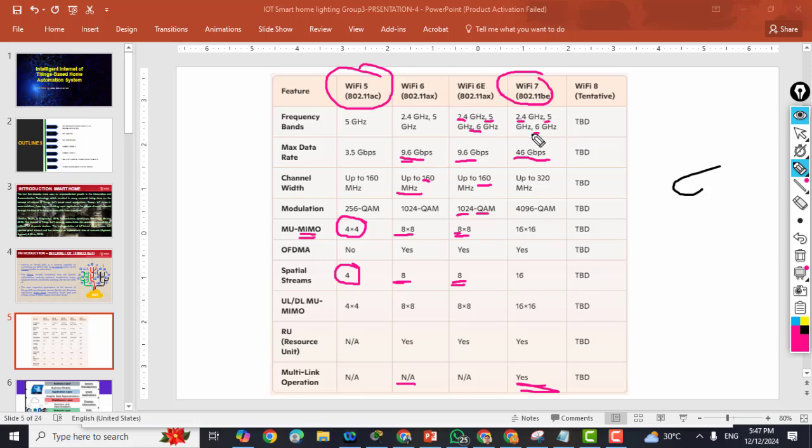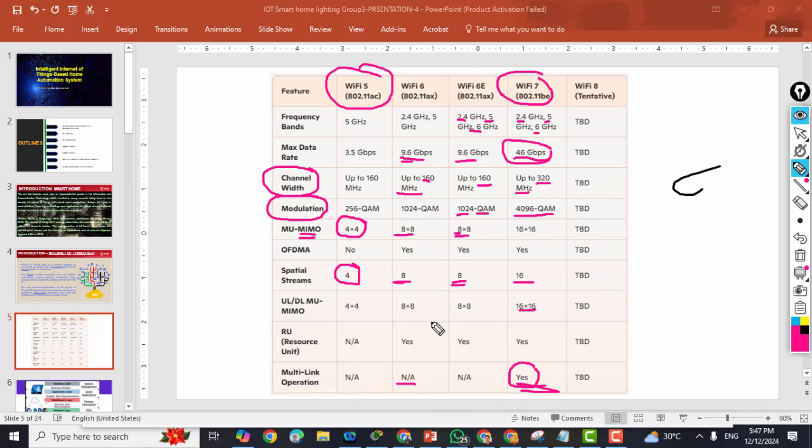The channel width will reach 320 megahertz, and the modulation is QAM 4096. Channel width plus modulation are very crucial factors that help give higher speed. It uses 16 spatial streams, 16 by 16, and supports multi-link operation, which is MLO.